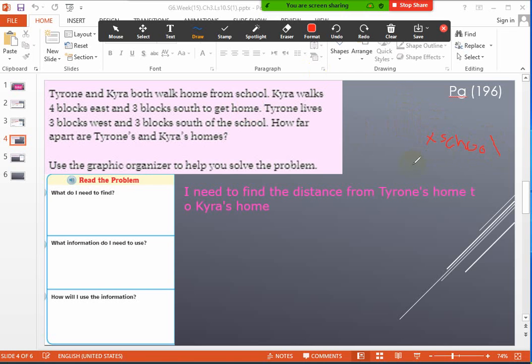But Kyra walks 4 blocks east and 3 blocks south to get home. But Tyron walks 3 blocks west and 3 blocks south of the school. So I have to write all this information to answer this question.